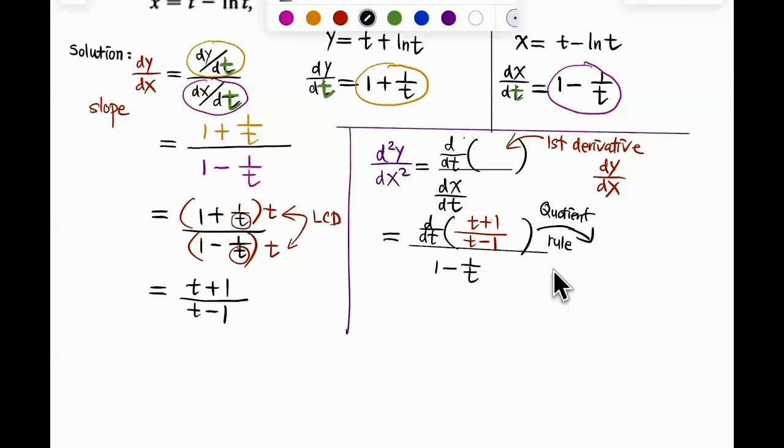Very good. So the quotient rule says that you're going to square the denominator and then differentiate the top. You get 1, and then times t minus 1, and then subtracting the top, which is t plus 1. The derivative of t minus 1 is 1, and then it's going to become negative 2 on top.